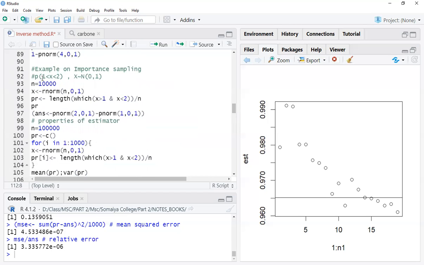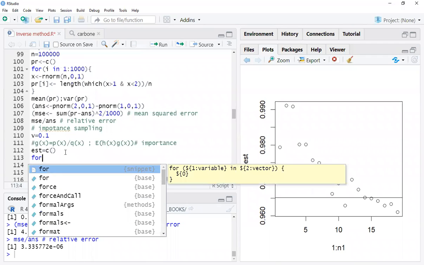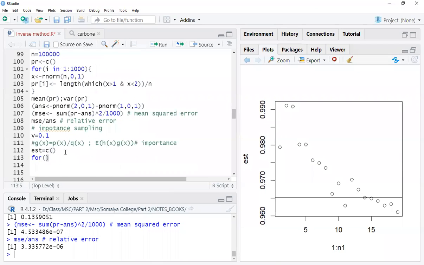Correct? That is important. My task here is to generate the observations between this. So we create this estimate, and now we create the loop for i in 1 to 1000.